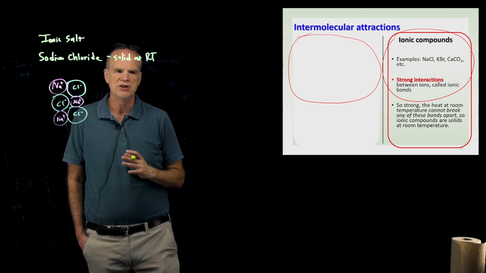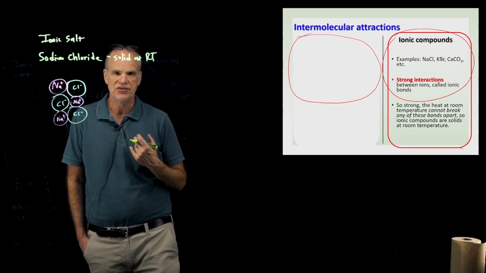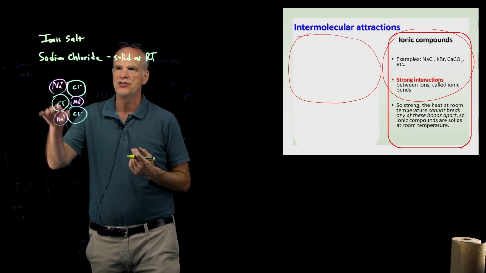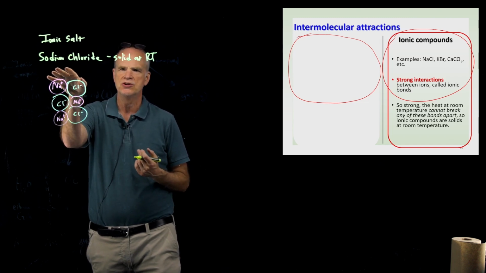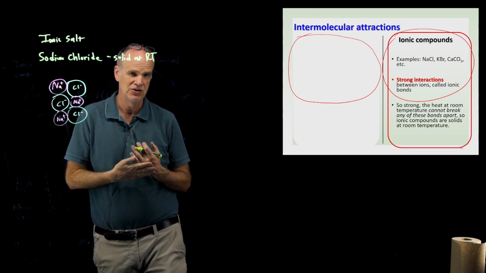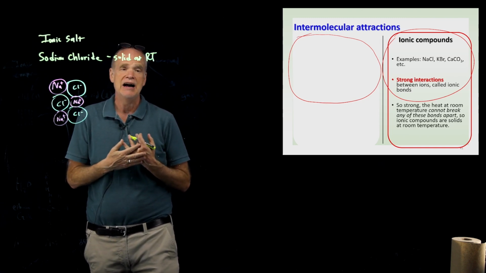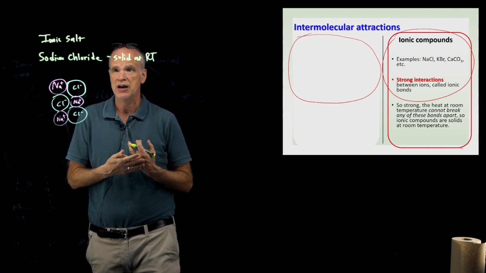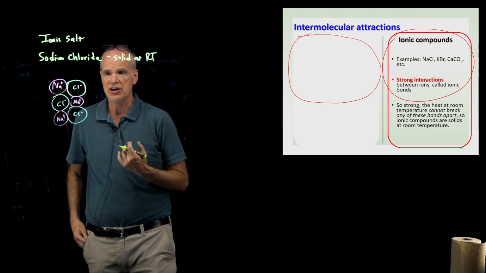So here we're going to be looking at an example of an ionic compound. This ionic salt, which is table salt, sodium chloride, is a solid at room temperature. So I want to talk a little bit about why ionic compounds are solid at room temperature using sodium chloride as this example.